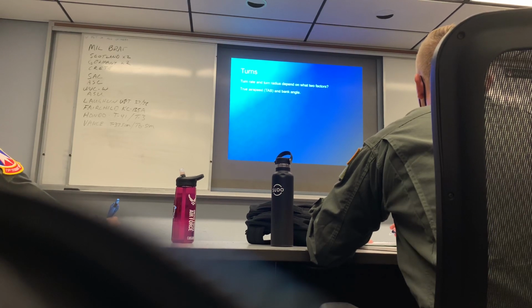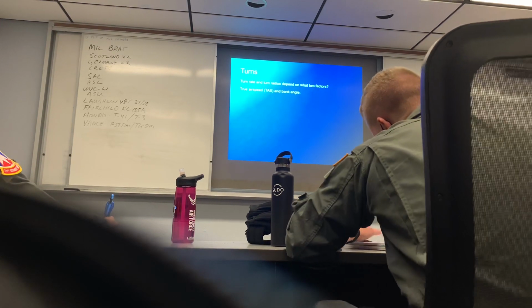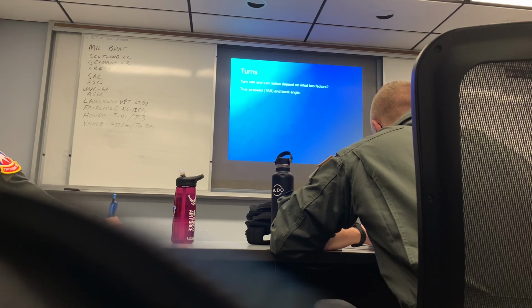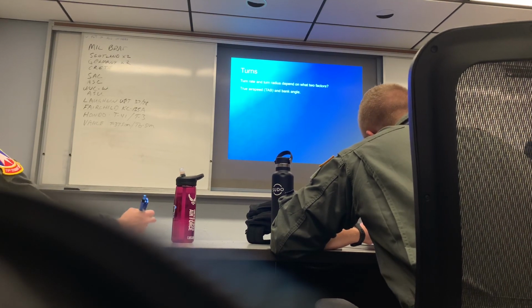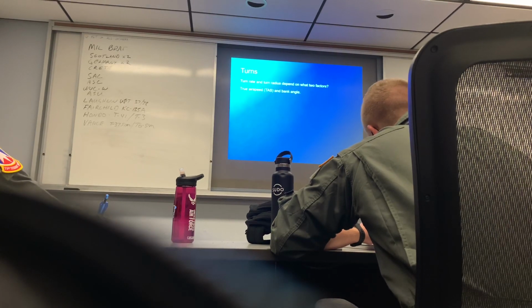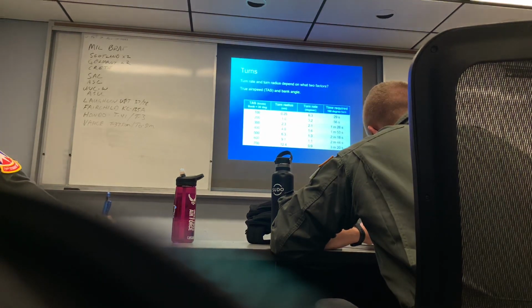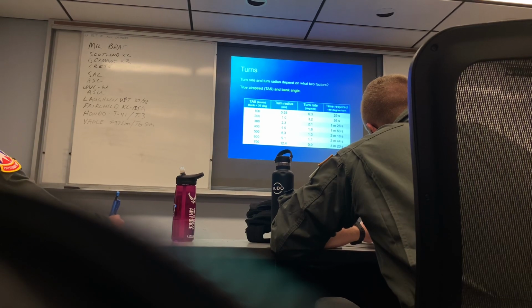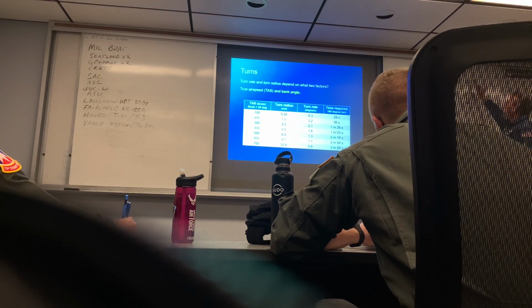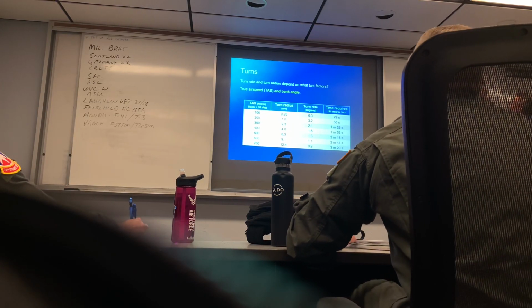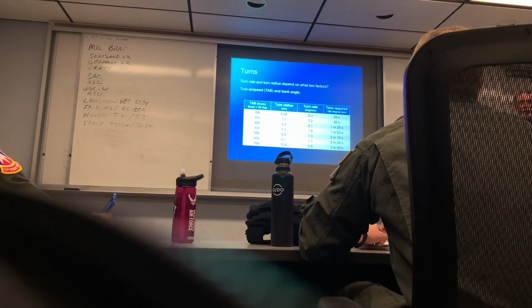Okay. So, turn rate, the radius depend on two factors, the airspeed, the true airspeed, and the bank angle. So, true airspeed is your V, bank angle is your tangent phi, okay? So what we can see here, the turn radius is relative closely to the bank angle and the velocity squared.